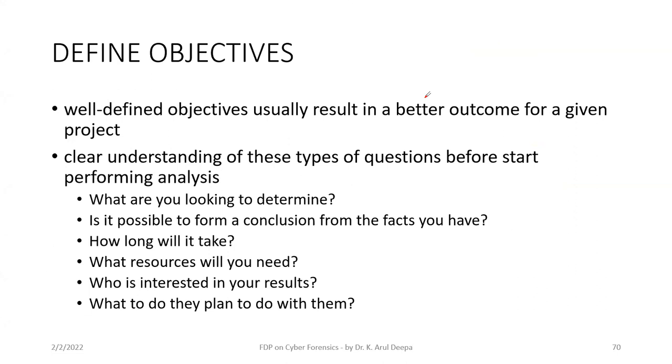Is it possible to form a conclusion from the facts that you have now? How long will it take to complete the investigation? What resources might one need? Who is interested in the results, in your identifications? What do they plan to do with them? What could they plan to do with them? We need to have a clear understanding of these types of questions before performing the analysis.